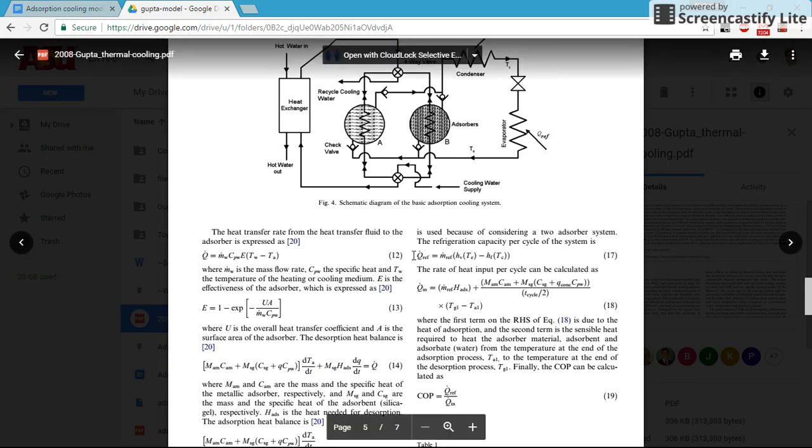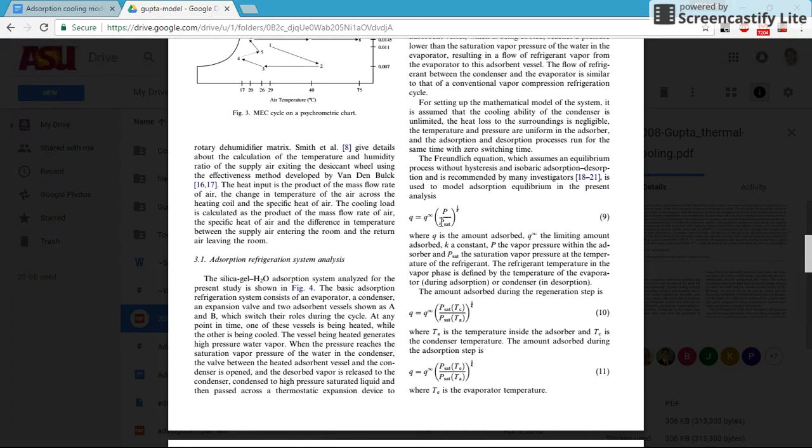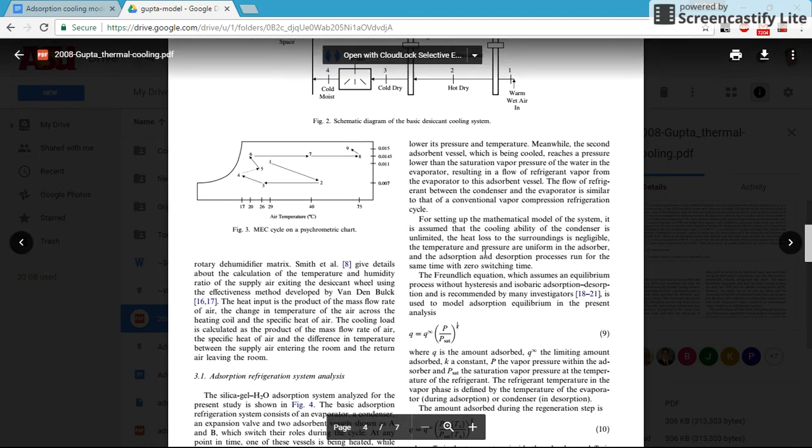So that's due to the equilibrium curve here. If you're changing this temperature, then you're changing the amount adsorbed at equilibrium. And the pressure, we're assuming that the cycle kind of follows some process.